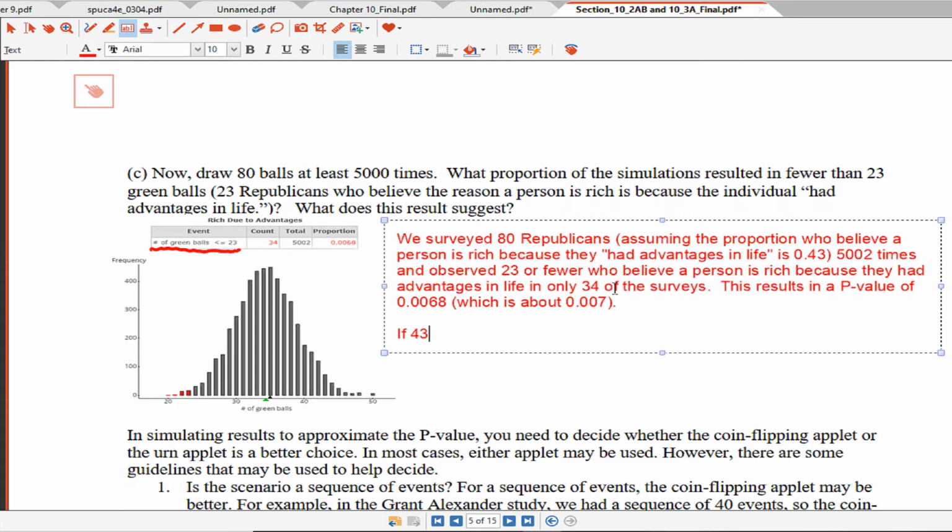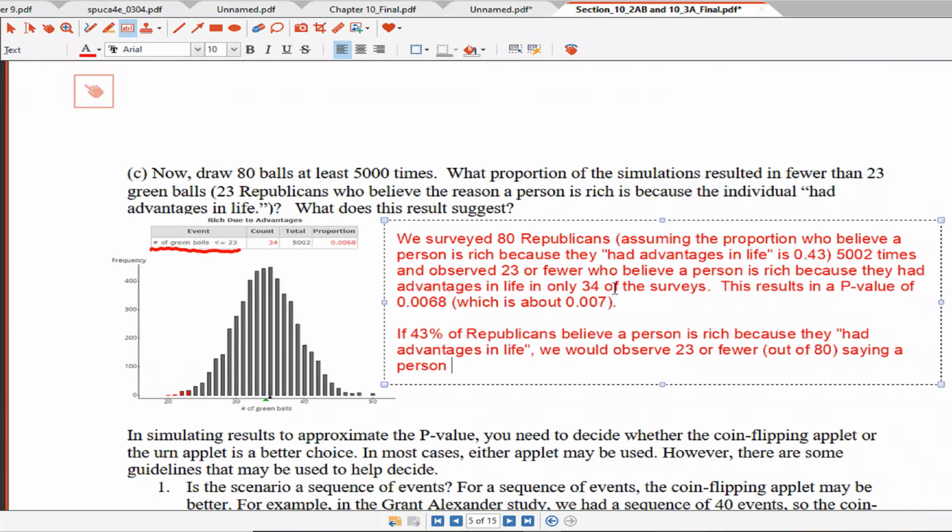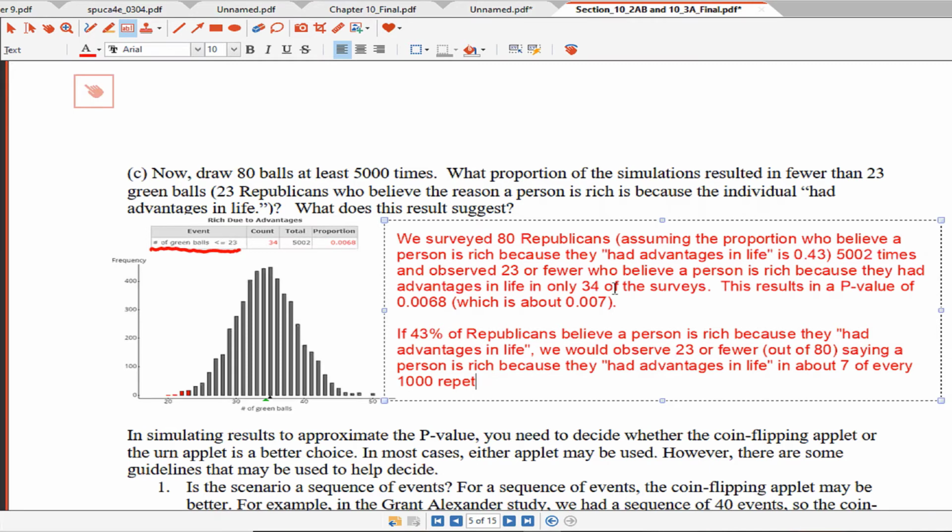So if 43% of Republicans believe a person is rich because they had advantages in life, we would observe 23 or fewer out of 80 saying a person is rich because they had advantages in life, about 7 of every 1,000 repetitions of the study.